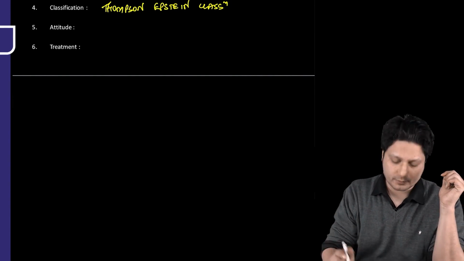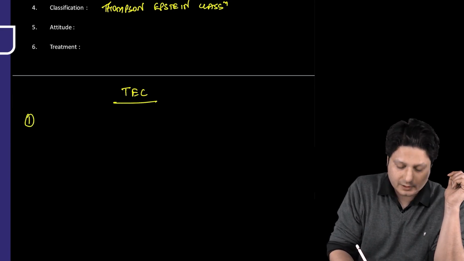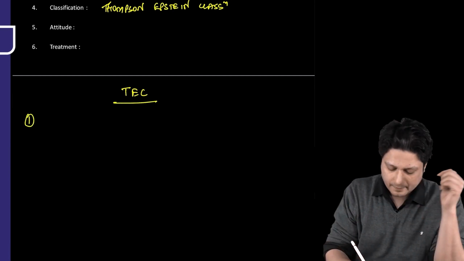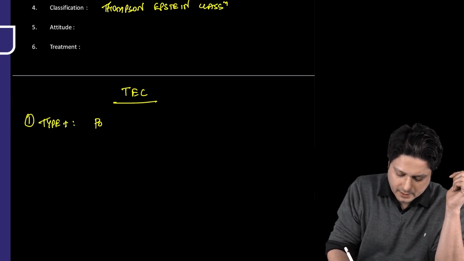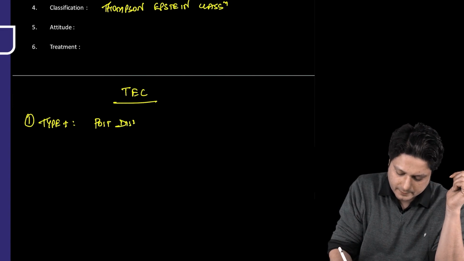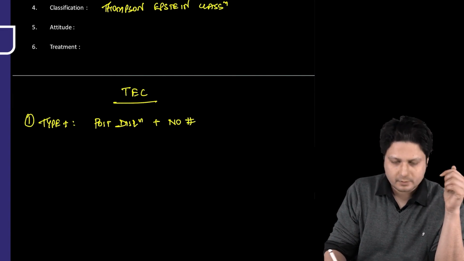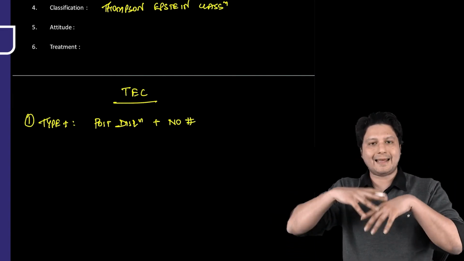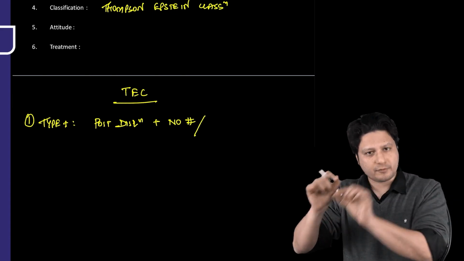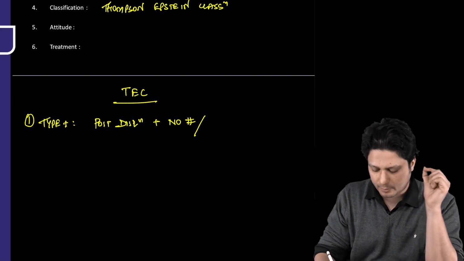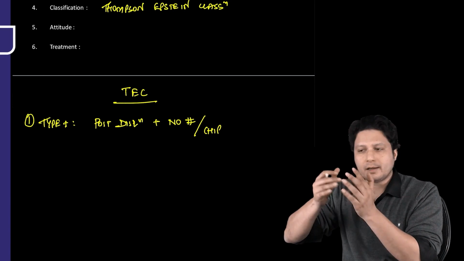Now, what you have to do in Thompson-Epstein classification, actually, it is classifying the posterior dislocation of the hip joint into 5 types. So the type 1 is when there is a posterior dislocation of the hip joint with either no fracture, meaning there could be no fracture in any of the associated bone, or if there is a fracture, then it is only a chip fracture of the posterior acetabular wall, or only a small segment of the posterior acetabular wall is fractured.